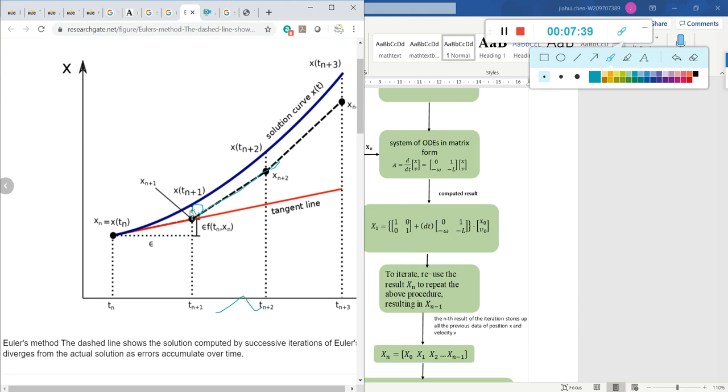But then you can see every time I reiterate the computation, the result gradually diverges from the actual solution curve. This is the actual solution curve, but my computed result is diverging from it. So this is the truncation error. This is inevitable.